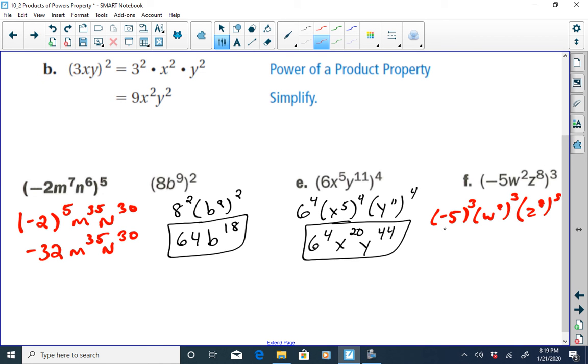All right, negative 5 raised to the third power, 5 times 5 is 25, times 5 is 125, so that's negative 125. W to the second raised to the third, 2 times 3 is 6, so that's w to the 6th power. Z to the 8th raised to the third, 8 times 3 is, right, z to the 24th power.